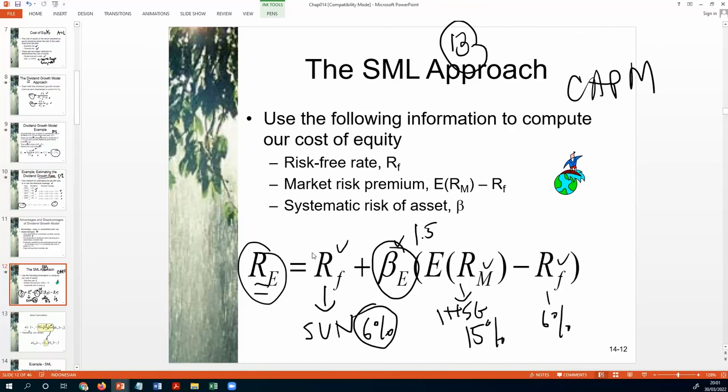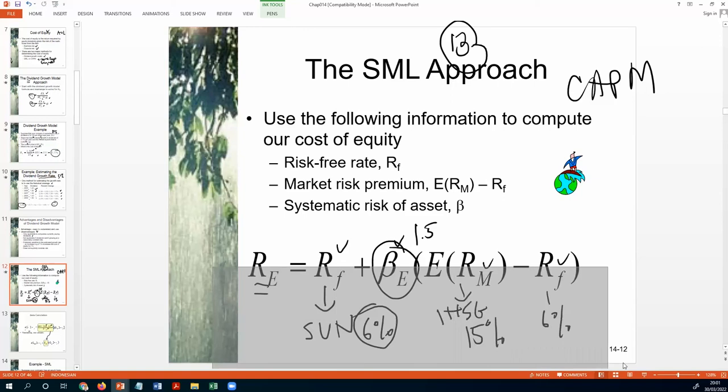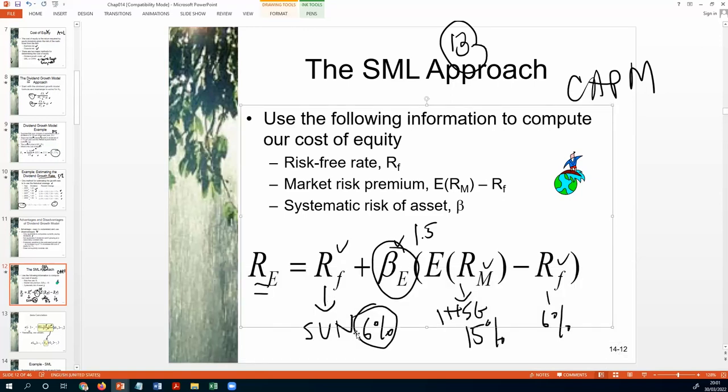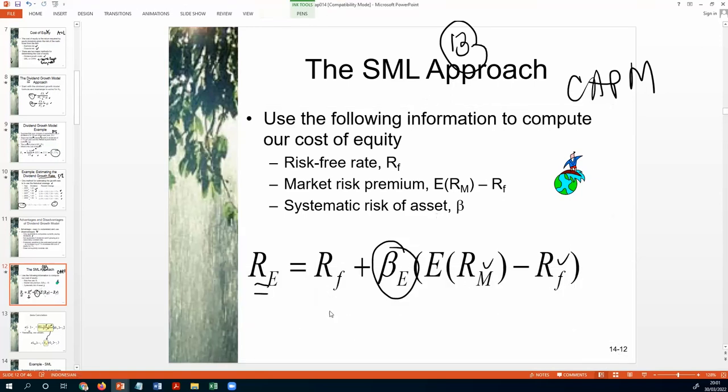Okay, so the expected return, for the discounting rate for the cash flow, if you use the capital asset pricing model, the model is like this.